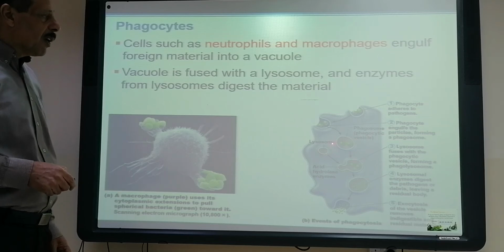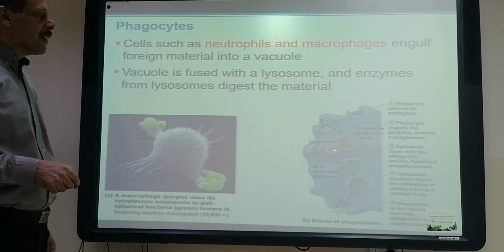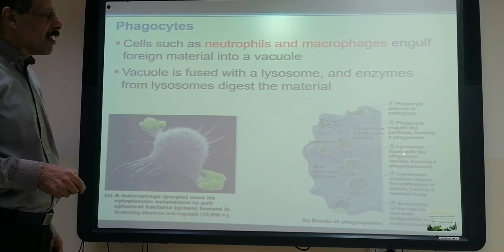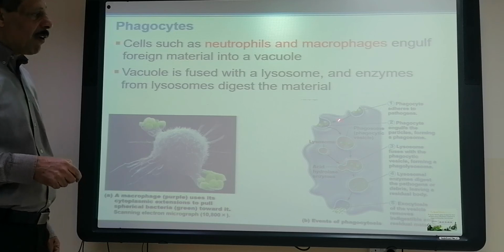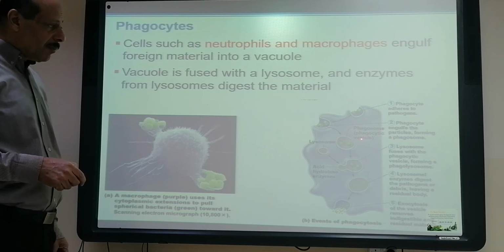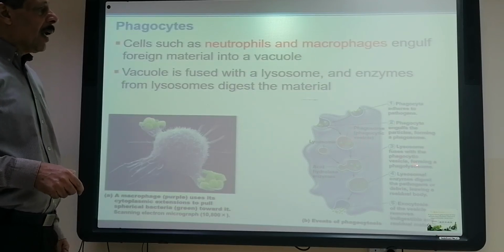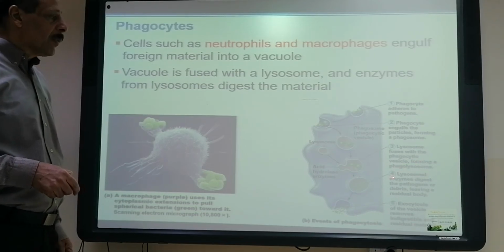It will change to a phagocytic vesicle. The lysosome from the phagocyte will fuse to the vesicle, forming the phagolysosome.